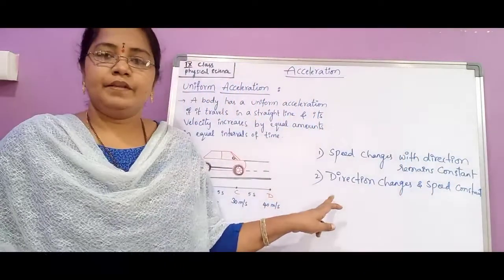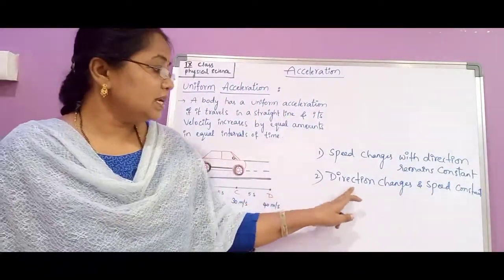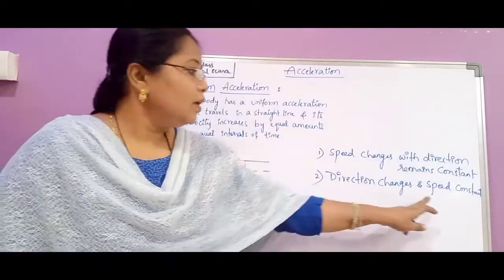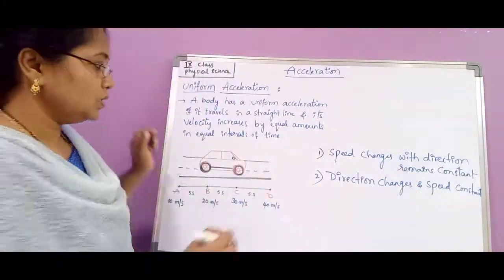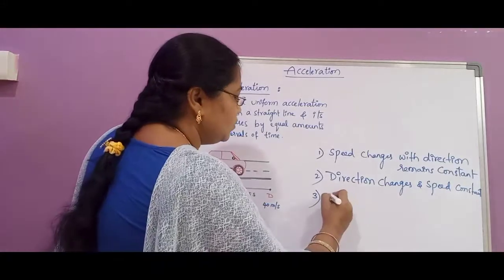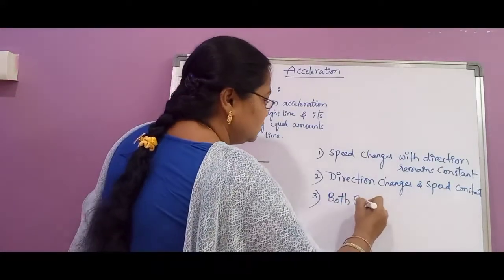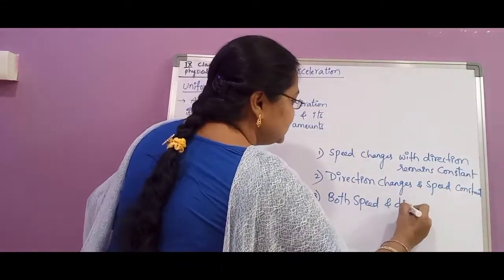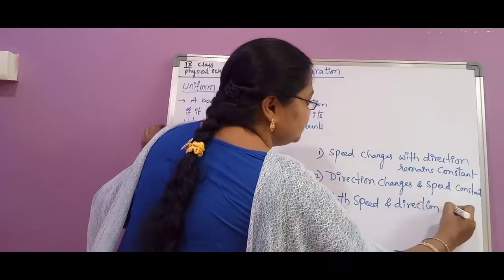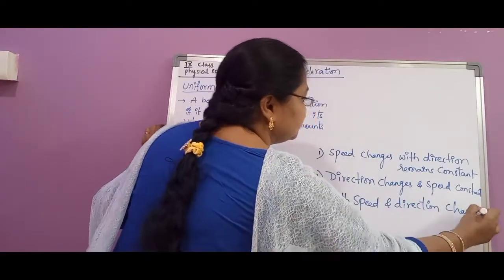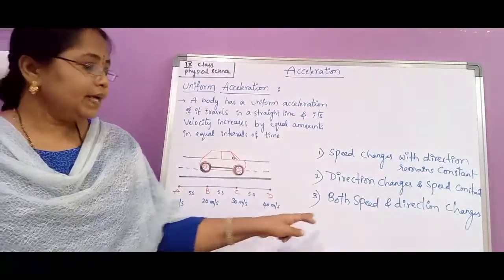The second case is when the direction of motion of an object changes, but the speed of the object remains constant. And the third one is both speed and direction change.